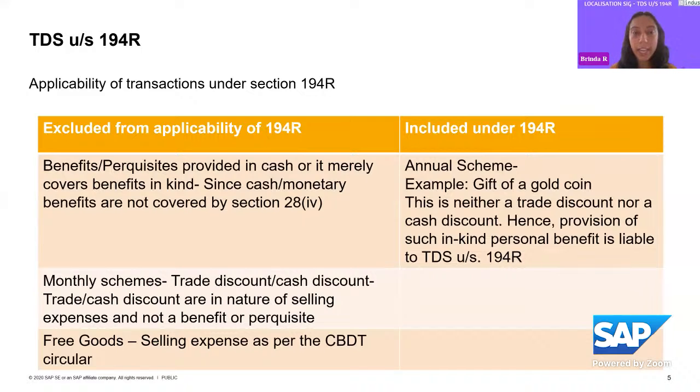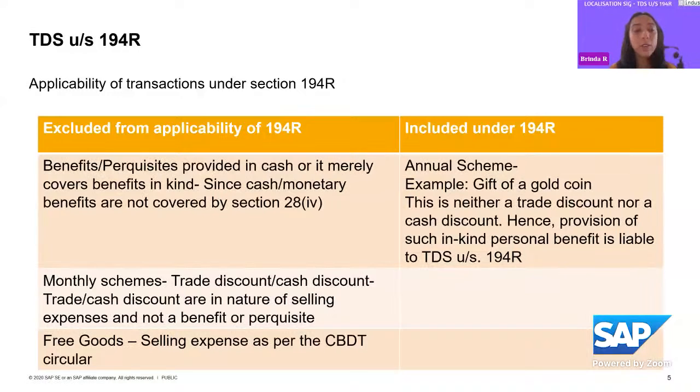As per the information that we have from our legal team, any of these benefits, like a cash or a monetary benefit, is not covered under section 28(4) of the IT Act, so it is excluded from the applicability of 194R. Then these monthly schemes, wherein you would be providing some kind of a trade discount or a cash discount to your customers, also will not come under the applicability of 194R, because this is considered an expense and not a benefit or a perquisite.